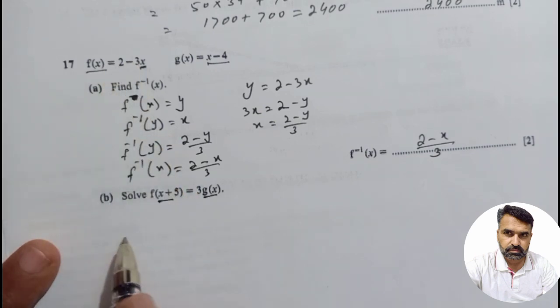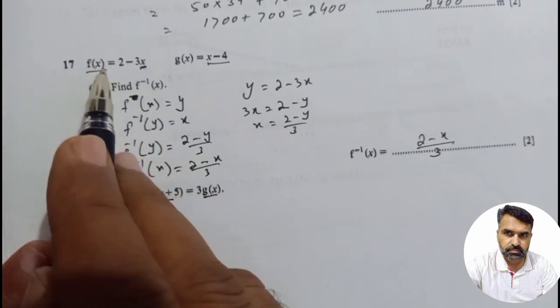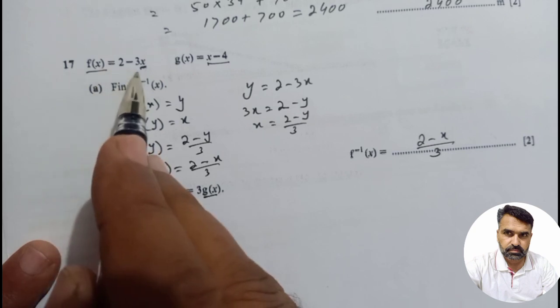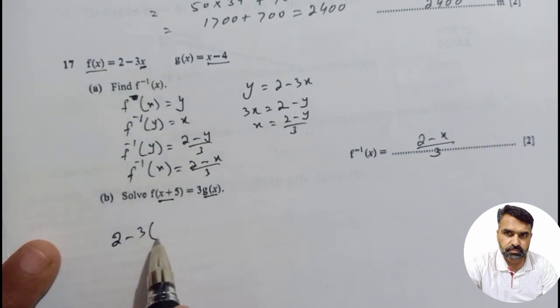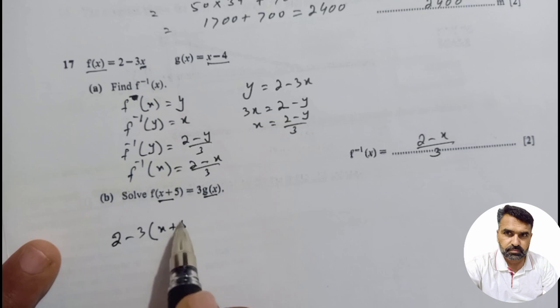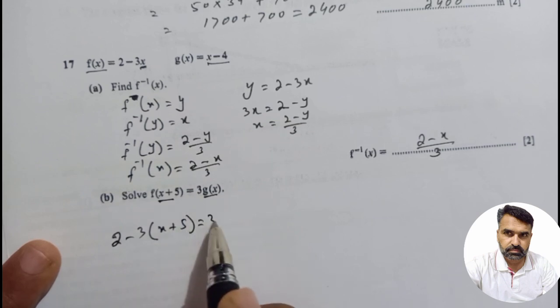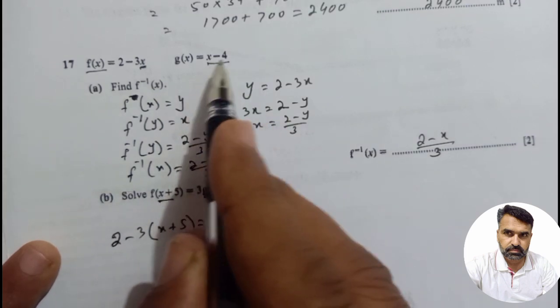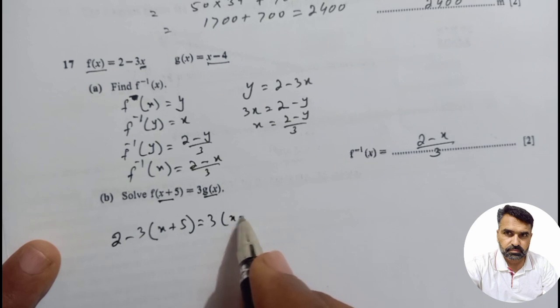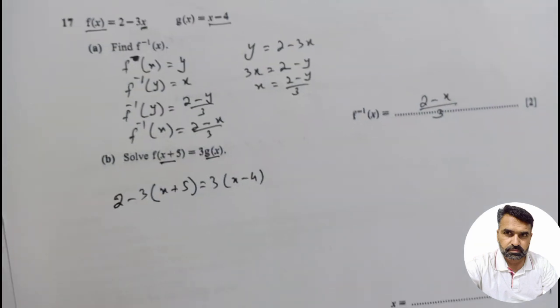So f of x is given as 2 minus 3x, and in place of x we will write x plus 5, is equal to 3 times g of x, which is given as x minus 4, and we have to find the value of x.